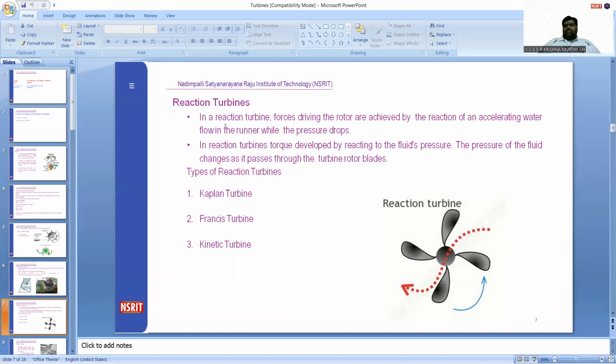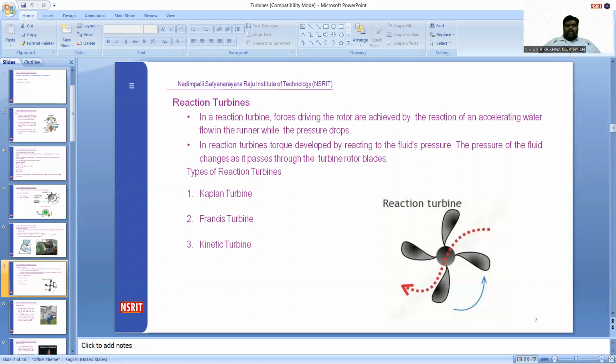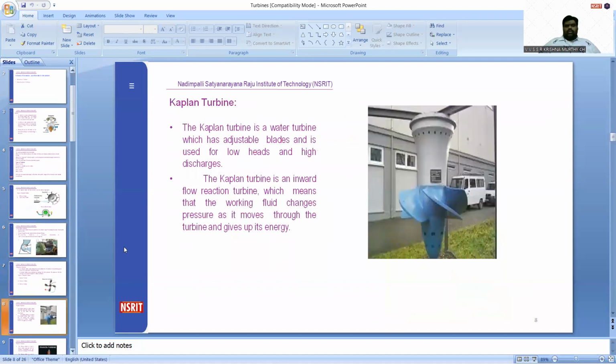The classifications of reaction turbines are the Kaplan turbine, Francis turbine, and kinetic turbine. So first we shall discuss the Kaplan turbine. A Kaplan turbine is a water turbine which has adjustable blades and is used for low heads and high discharge, where the height of the storage is low and a high discharge is required.